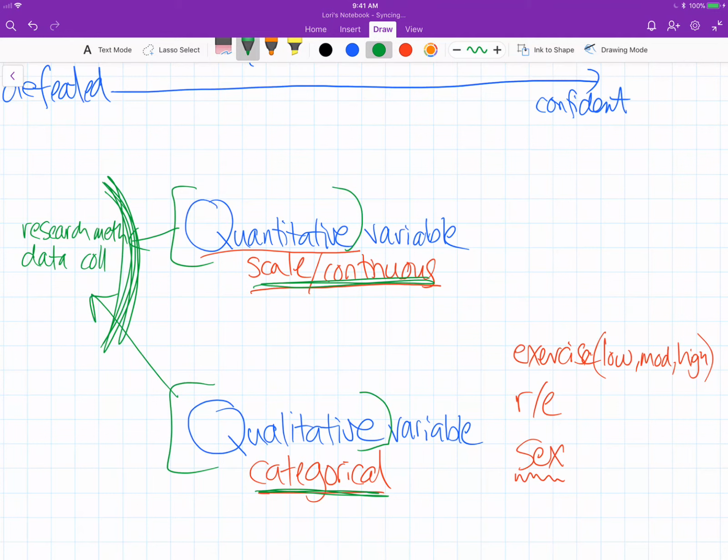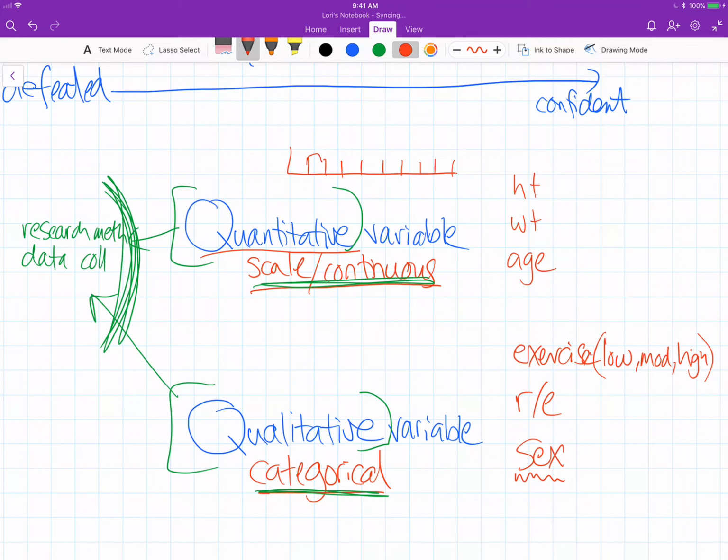Now, in terms of a scale or a continuous variable, here's where the distinction between the quantitative variable and the qualitative variable is usually quite easy. Remember up above we had height, weight, and age. When you're measuring these kinds of things, they're on a scale, as if you have a ruler with little tick marks.